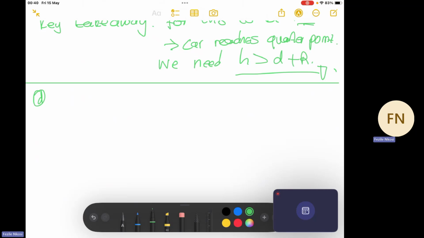Gravity acts vertically downward, which is perpendicular to the centripetal direction. This means that gravity contributes zero centripetal force here, right? So we only consider the normal force to be providing the centripetal force.